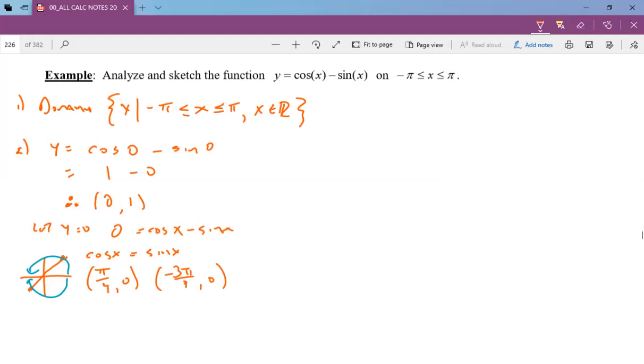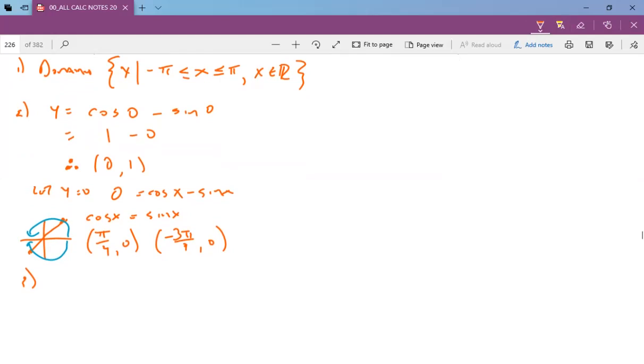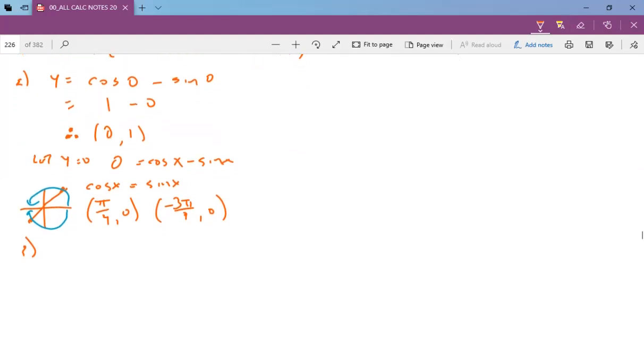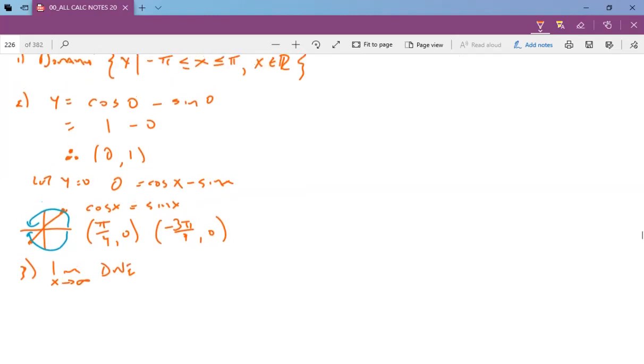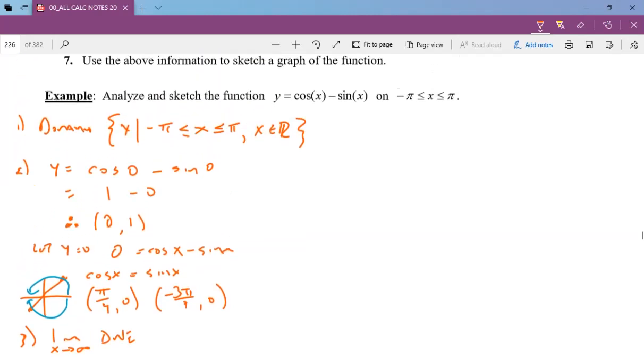Number 3 is asymptotes. We have no vertical asymptotes. Our limit as x goes to infinity does not exist. No horizontal asymptotes either.